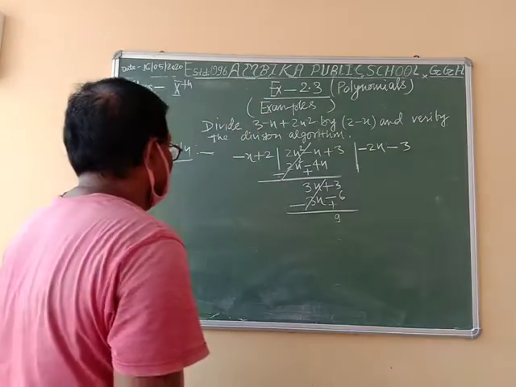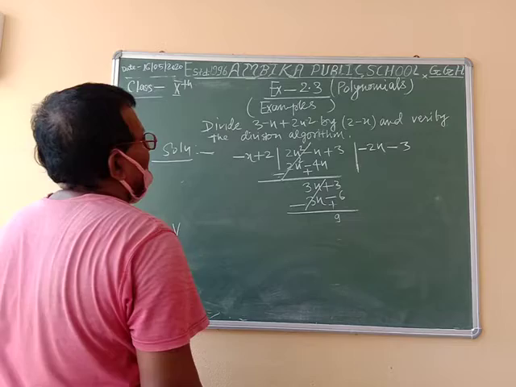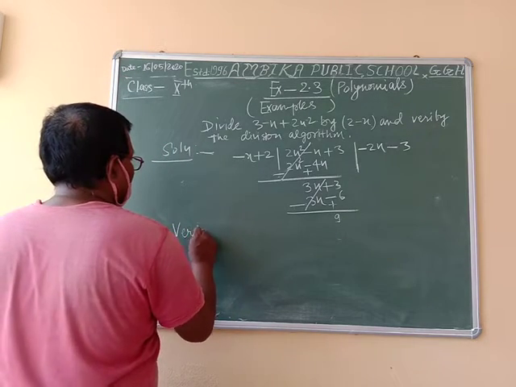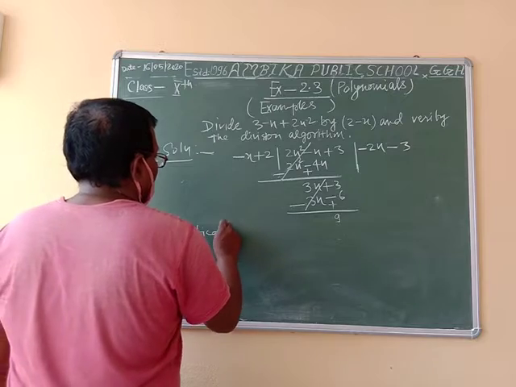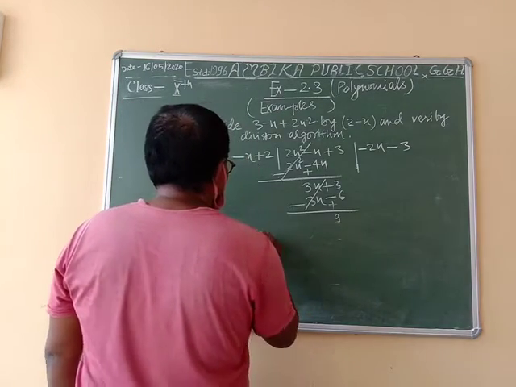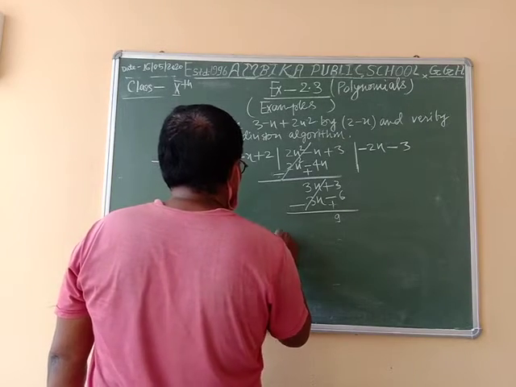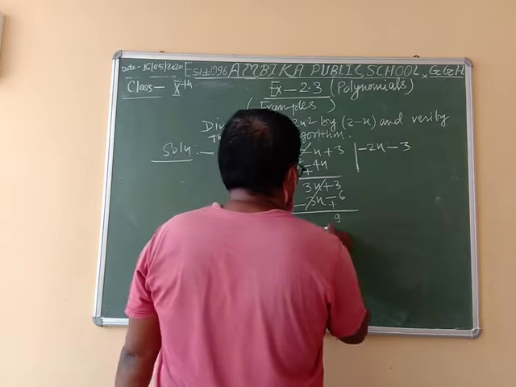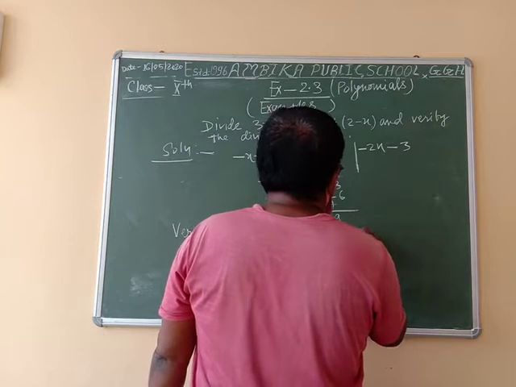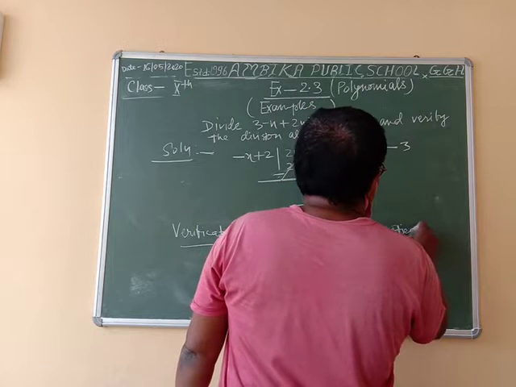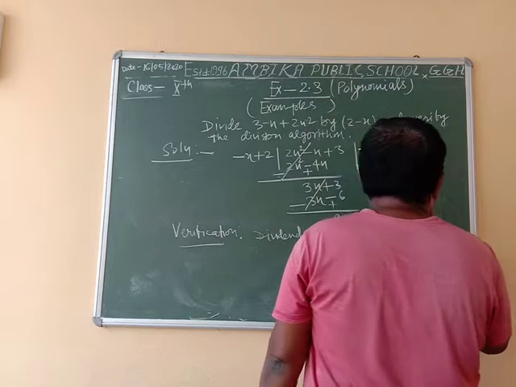To verify the division algorithm: dividend is equal to divisor into quotient plus remainder.